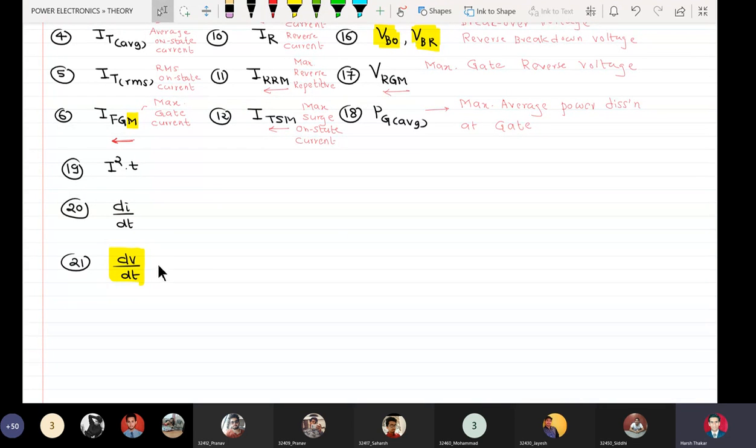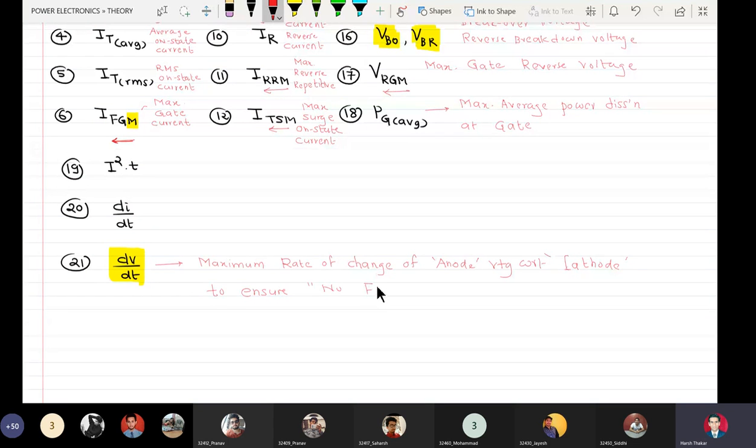And dV by dt, it refers to the maximum rate of change of anode voltage with respect to cathode to ensure no false triggering.